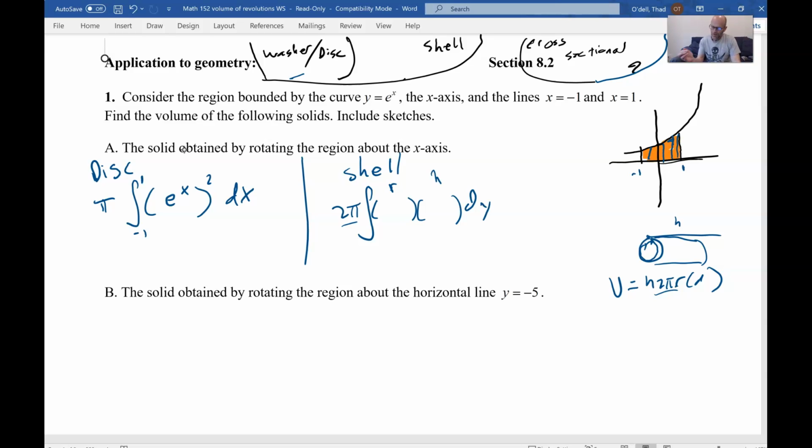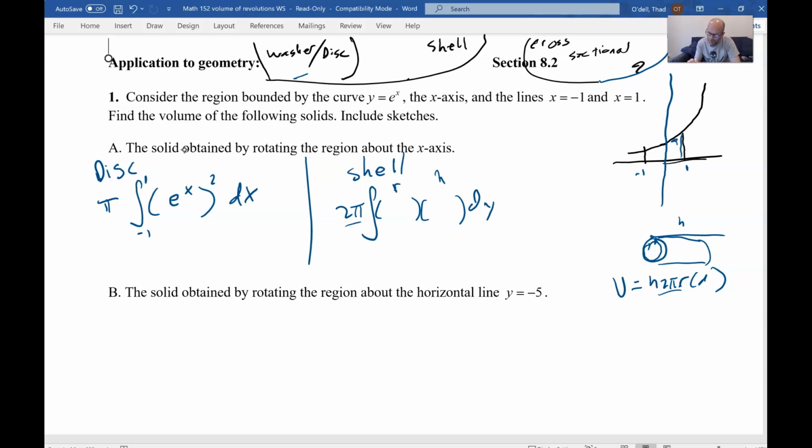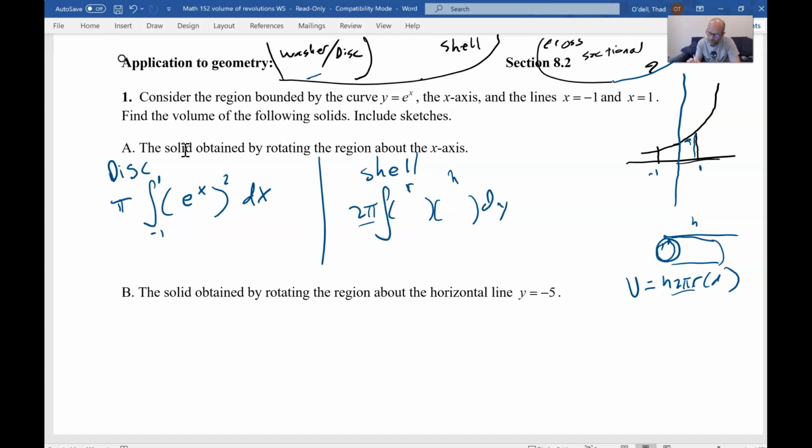Okay, so again, if we erase some of this stuff just so we can clear it up. There's the y-axis again. This is a little bit harder to picture for a lot of people. If we're rotating around the x-axis and we pick some random space in the middle here, this is what my shell is going to look like.